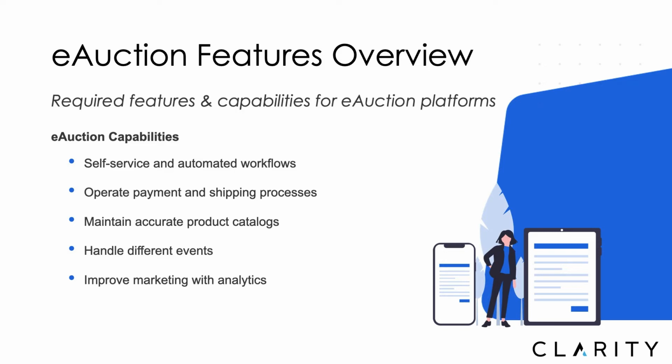So the next thing we'll touch base on is obviously the ability to take money and ship the product, right? I mean, that's the basics of the auction once you get through the timed part of it. You've got to have a platform that can take multiple payment types. So some of the things you've got to think about here: am I only dealing with North America? So now do I have to deal with just Canadian dollars and US dollars?